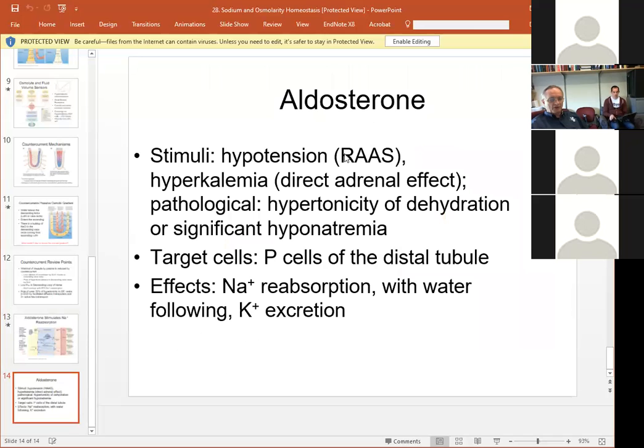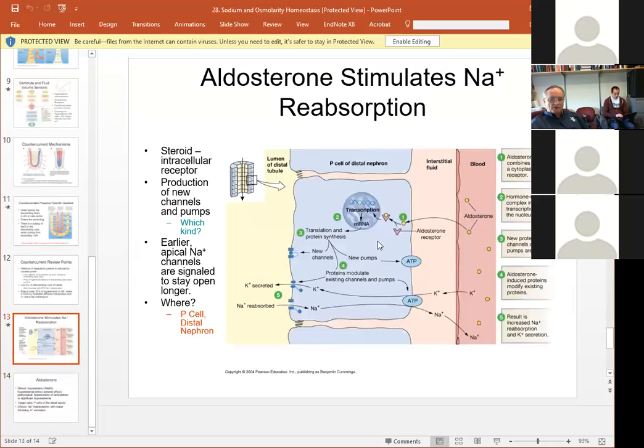It's called the renin-angiotensin-aldosterone stress response. The final limb of it will be this hormone that enhances sodium reabsorption as a final touch to modify the urine composition and help maintain sodium homeostasis in the body.